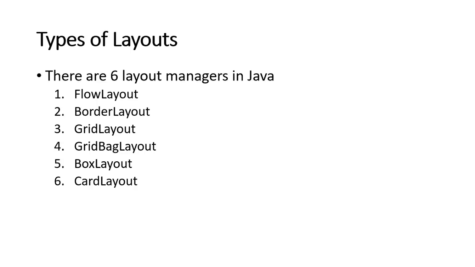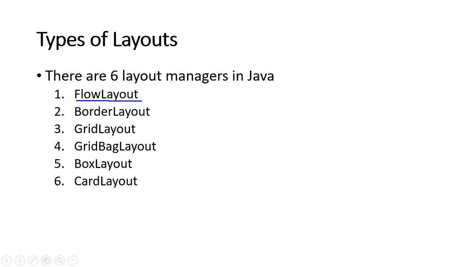Now let's look at the different ways in which we can arrange the components. The different ways in which we can arrange components in Java are decided by the different layout managers. Generally, there are six main types of layout managers available in Java.